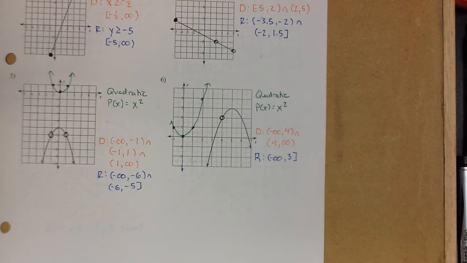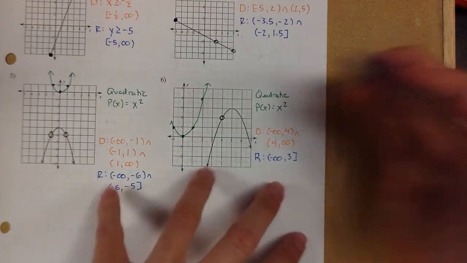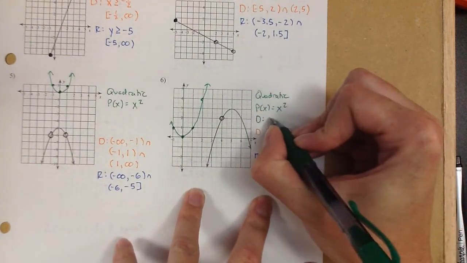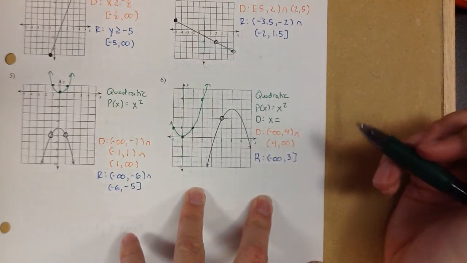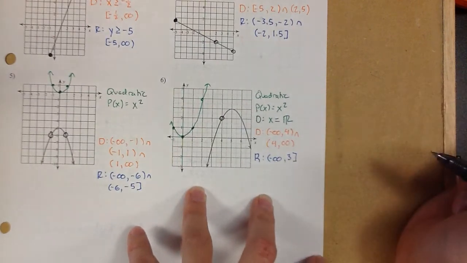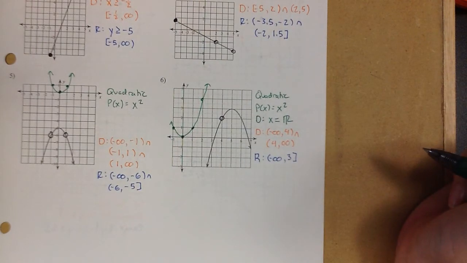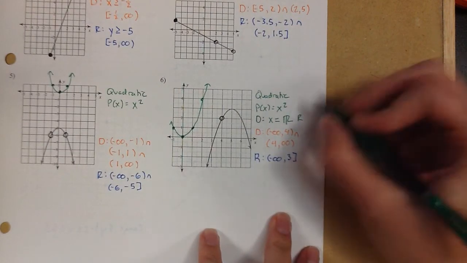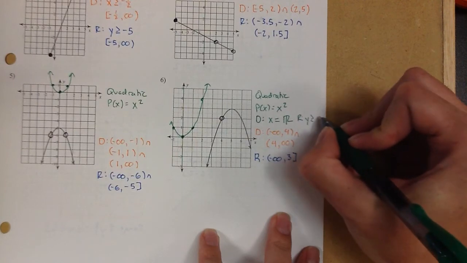Okay, but if I'm going to write it using an interval, I don't want to use infinity. So what I use is the all real numbers sign. So my domain for that, I would have x equals, and then the symbol for all real numbers, you just have an R with another line in it. So your domain is all real numbers for that. And then your range, I'd have y is greater than or equal to 0.